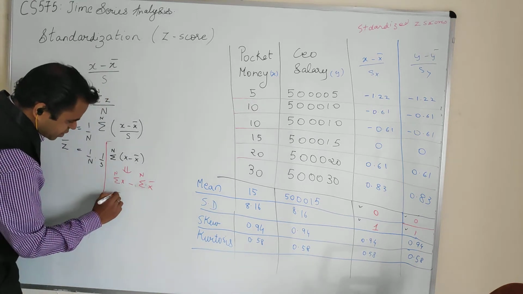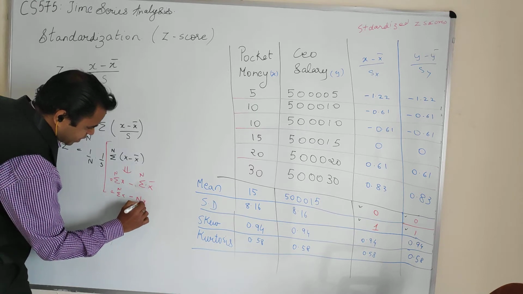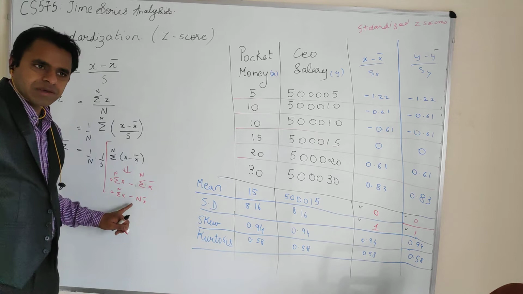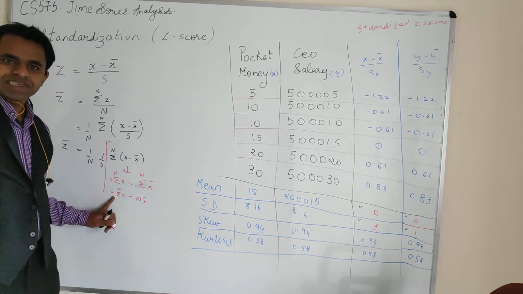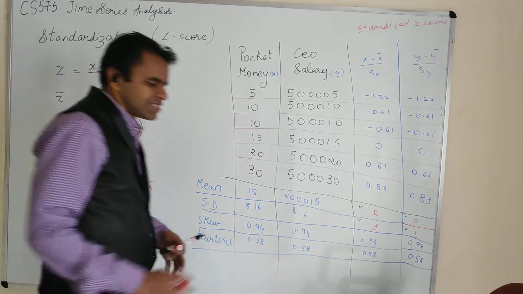Since the mean is a constant value, this becomes n times x bar. And we know that the sum of all the values minus those n values into the mean will always give us 0. So this expression turns out to be 0.